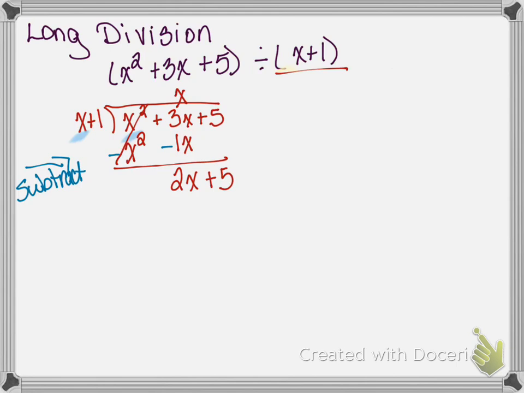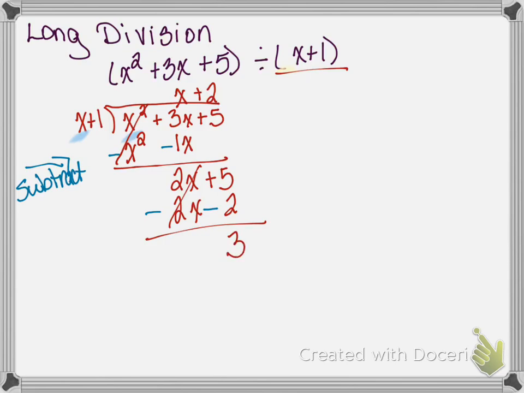Okay? So I ask myself again, x times what is going to give me 2x? 2. 2 times 1 is 2. 2 times x is 2x. And I am doing what? Subtracting. Okay? So I am left with 3.